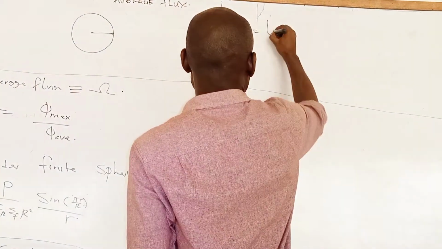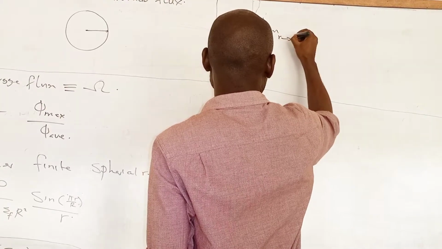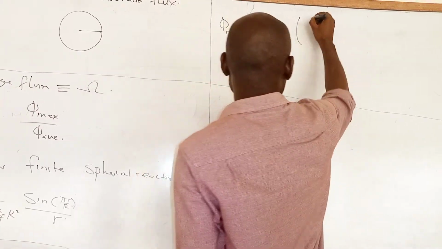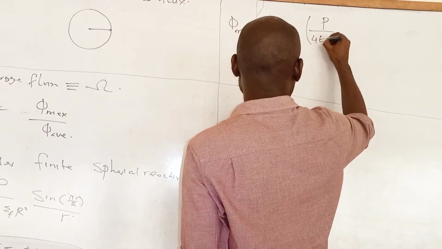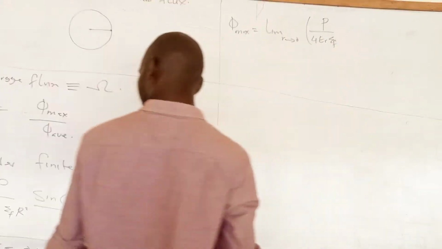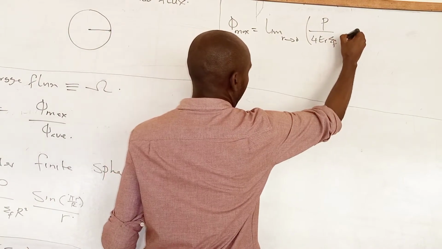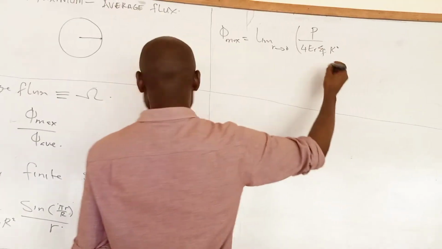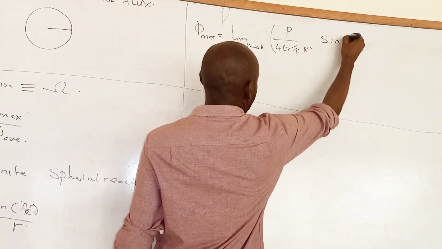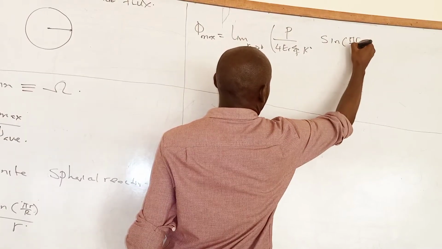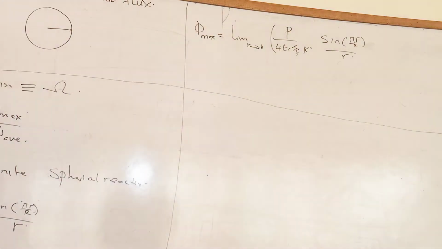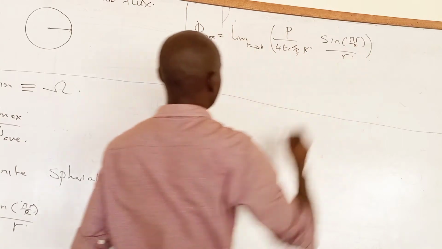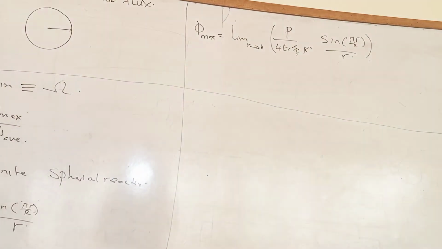That is, the limit as r tends to 0 of P over 4 ER EF r squared times sine pi r over R. There's something that we can take out of this.